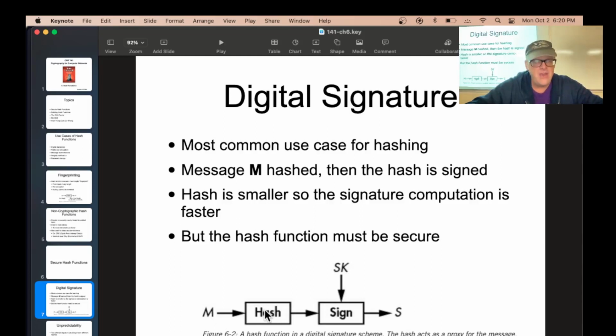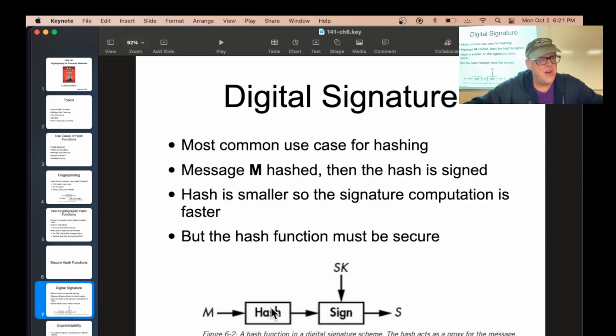You have your message, you have a hash, and then you insert a private key and create a digital signature, which proves that you own the key because anybody can verify with the public key, and it proves that the message has not been altered because they can recalculate the hash and make sure the hash has not changed.